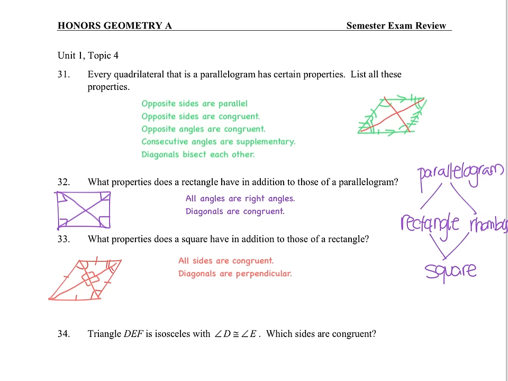This angle is congruent to its counterpart, as are these two. So diagonals bisect opposite angles. And that gives us all the properties of a square when we include all the properties of a parallelogram, all the properties of a rectangle, and then these three.